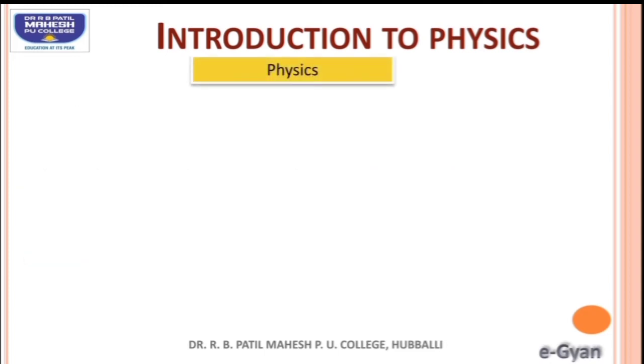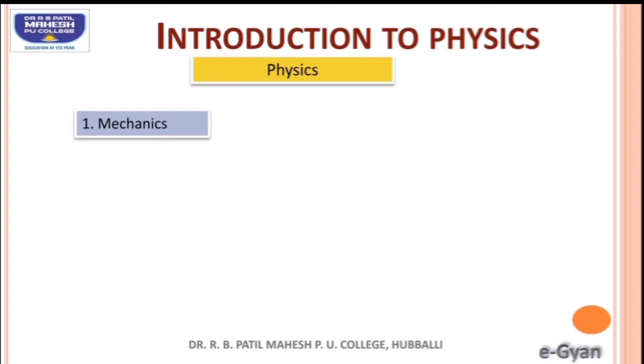Now, I am going to divide physics into different branches. First one, mechanics. Mechanics is the area of physics which deals with the motion of macroscopic objects. It is the oldest and most basic branch of physics.